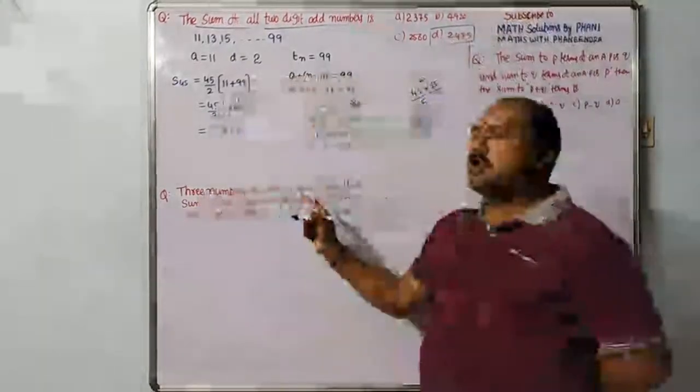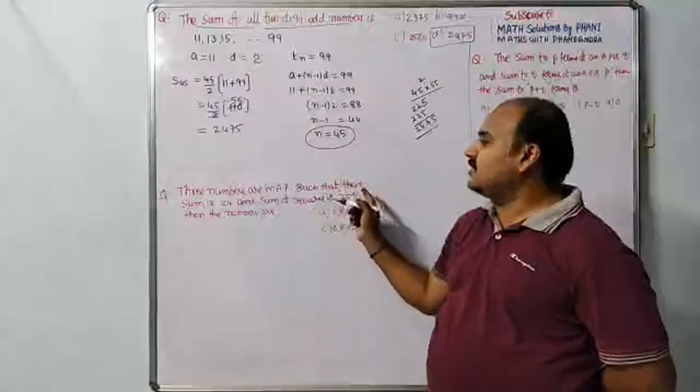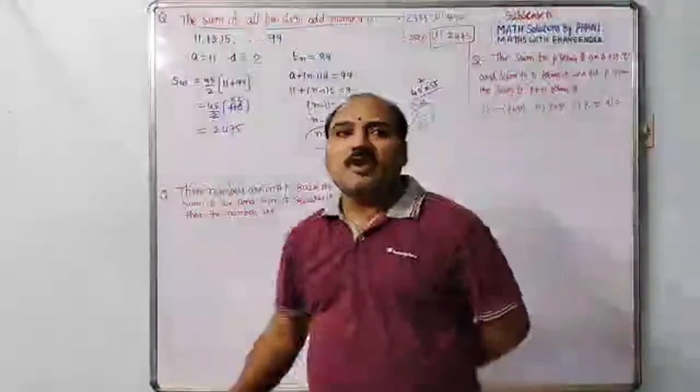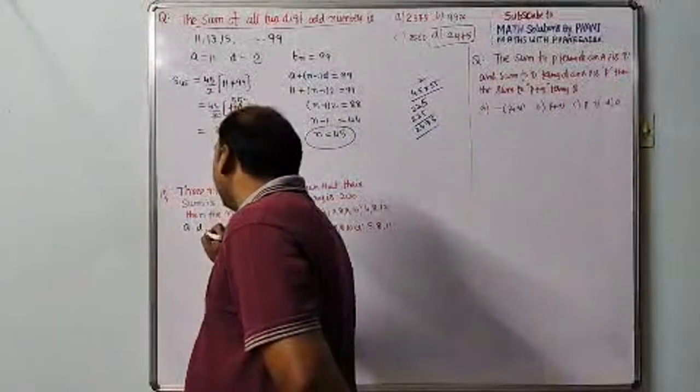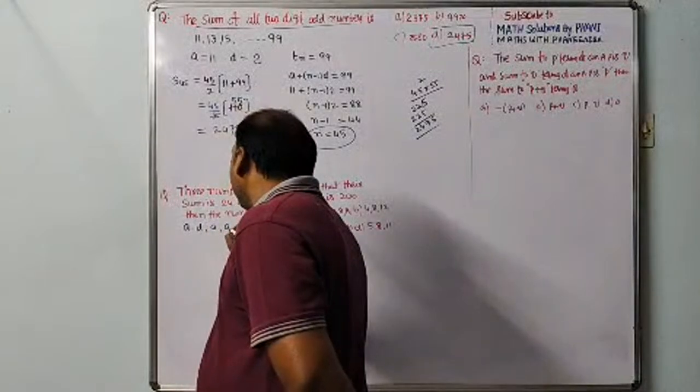Three numbers are in AP such that their sum is 24. Whenever three numbers are in arithmetic progression, you consider the terms as a minus d, a, a plus d.